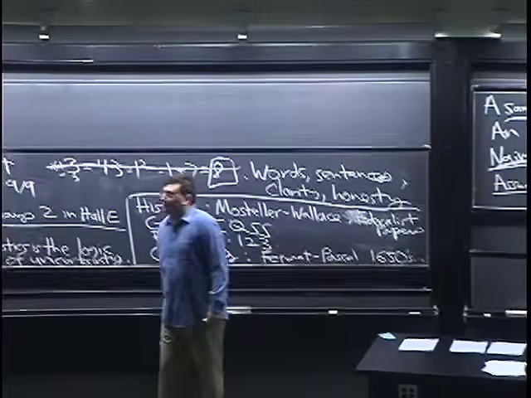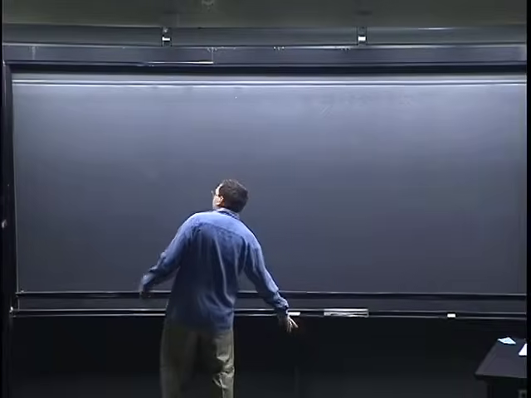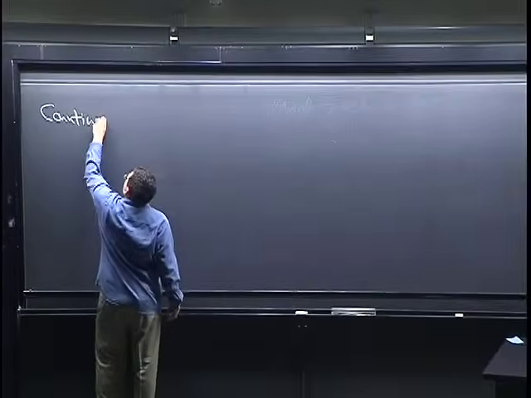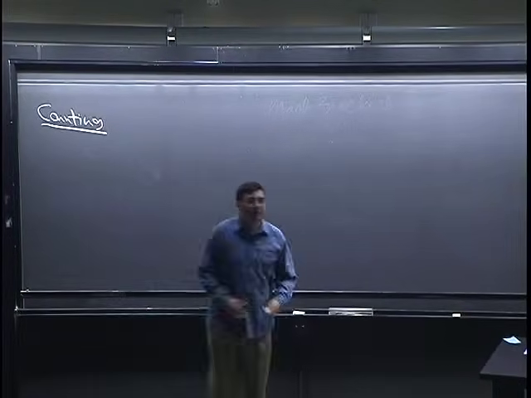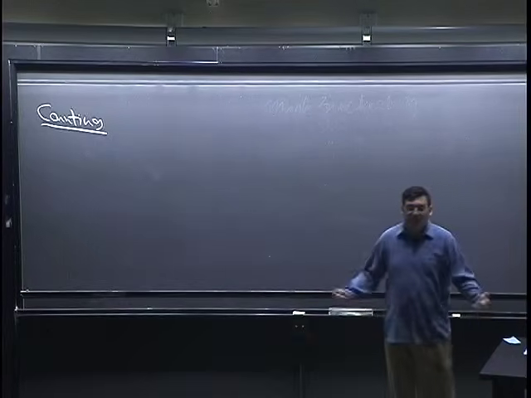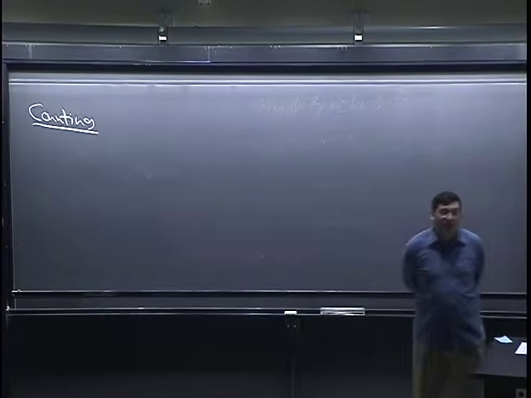So, some basic principles of counting. Because if we don't know how to count, then we would never be able to compute the numerator and the denominator there. All right, so there are a couple principles that we need.